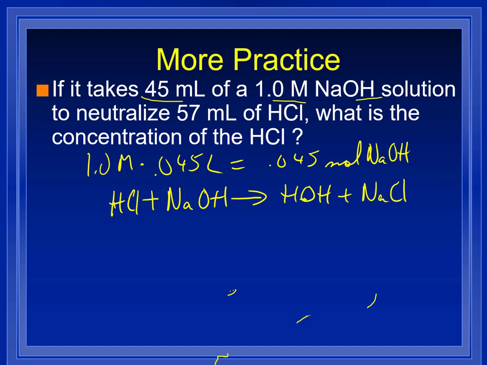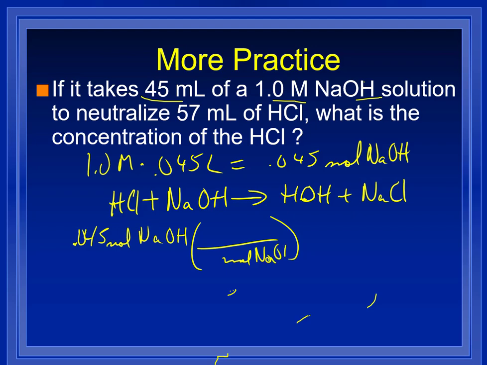So now I can say my 0.045 moles of NaOH, I want to get rid of moles of NaOH. Turn it to moles of acid, HCl. That's 1 and 1. So that's 0.045 moles.